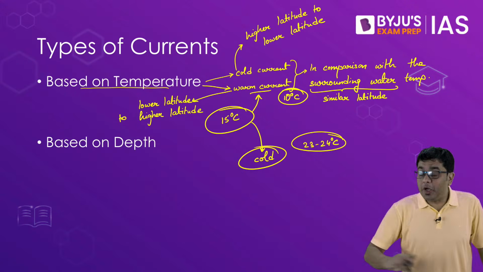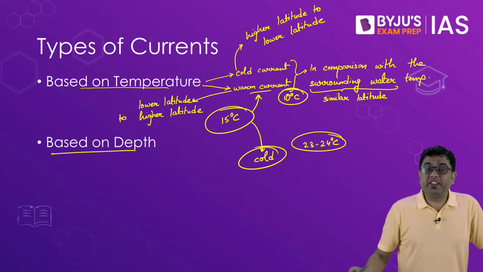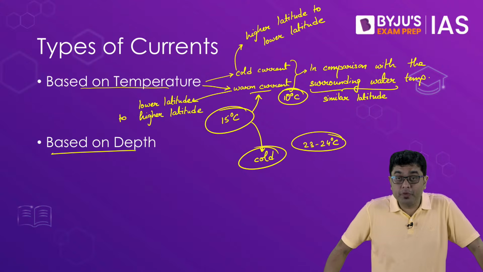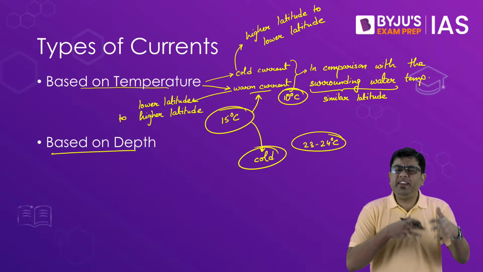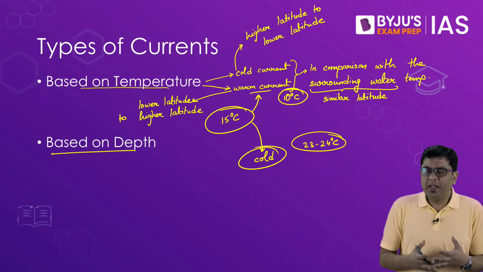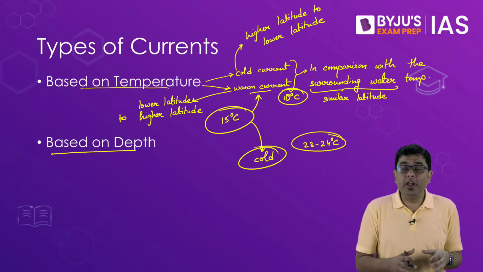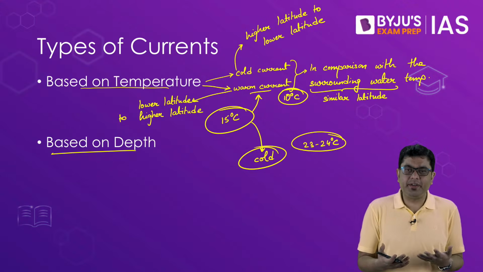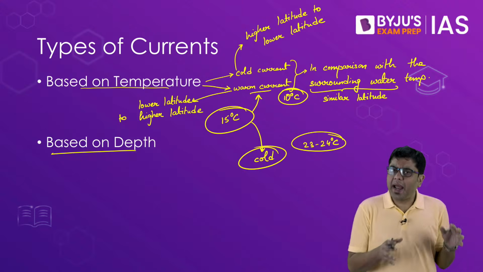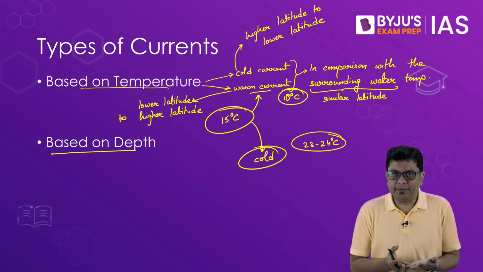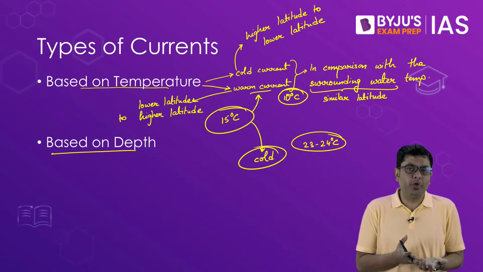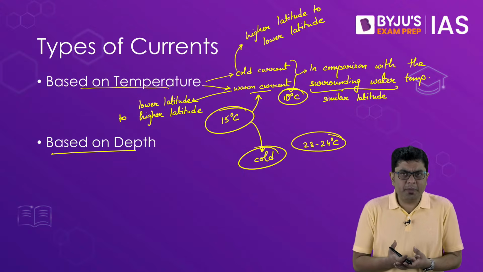Now then, we also have currents based upon the depth in which the water is moving. So all these influences that we saw, the factors which could influence the ocean current, that is the solar insolation, wind movement, etc., all these are active on the surface itself. You cannot have the impact of solar insolation at a depth of 3 kilometers.